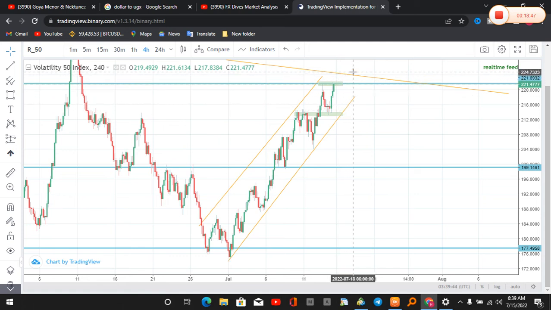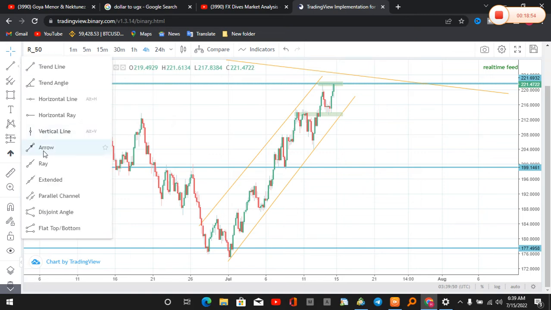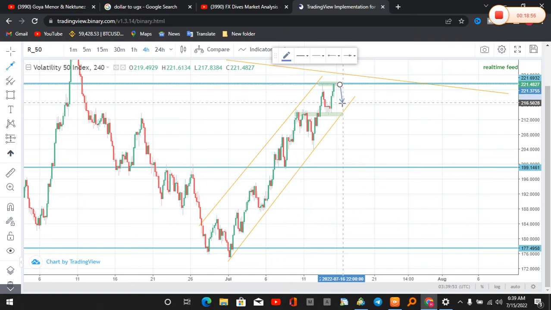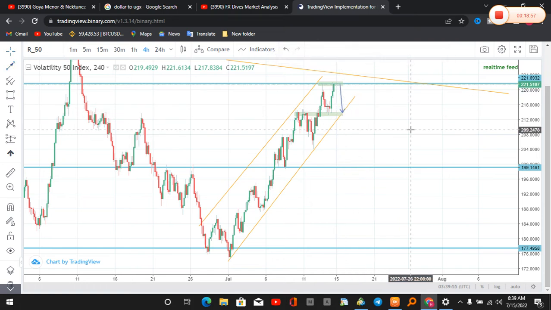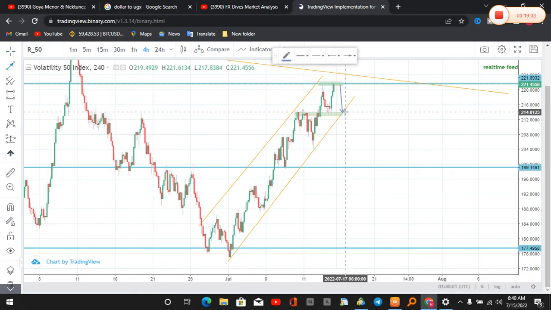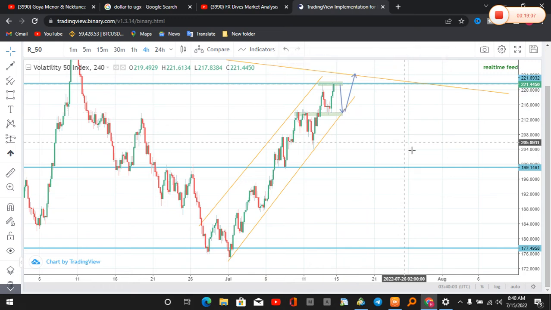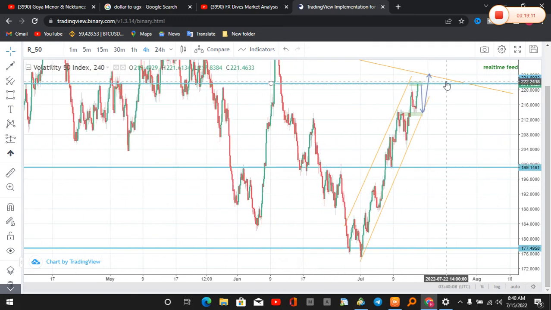Let me try to show you in detail. So expecting this market to come back here to make this higher low before pushing to the upside to make that higher high, heading to our resistance level.